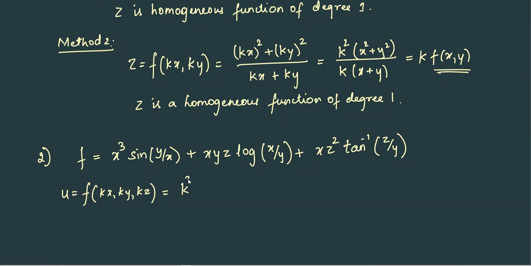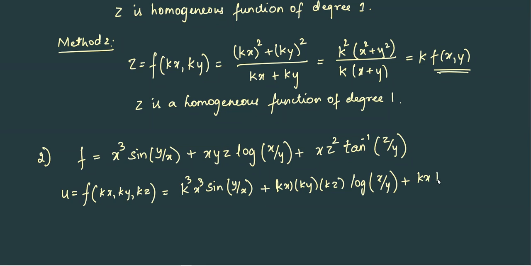So we get k cube x cube sine of ky upon kx, which is k cancels, y upon x, plus we get kx times ky times kz log of kx upon ky, we get log of x by y. Then we get kx into kz square times tan inverse of z upon y.